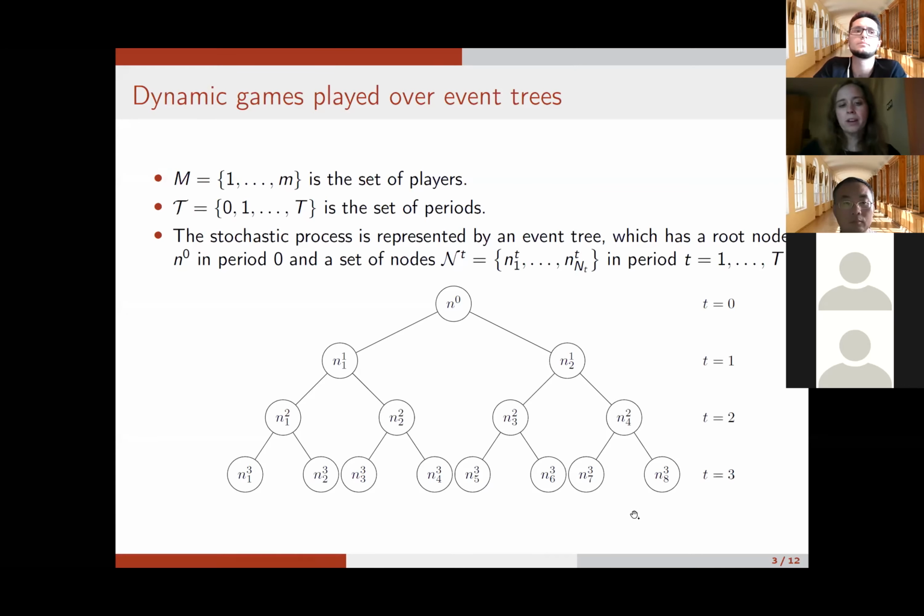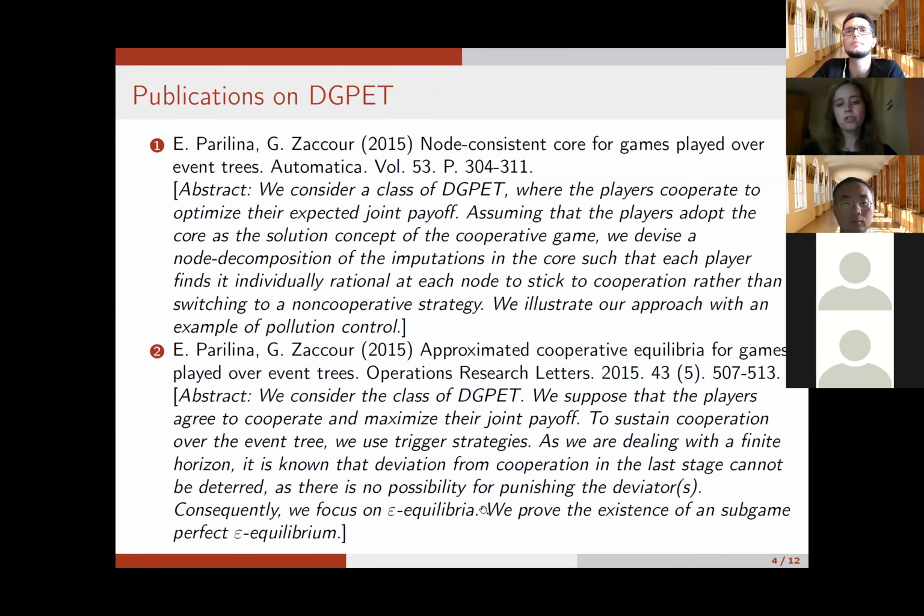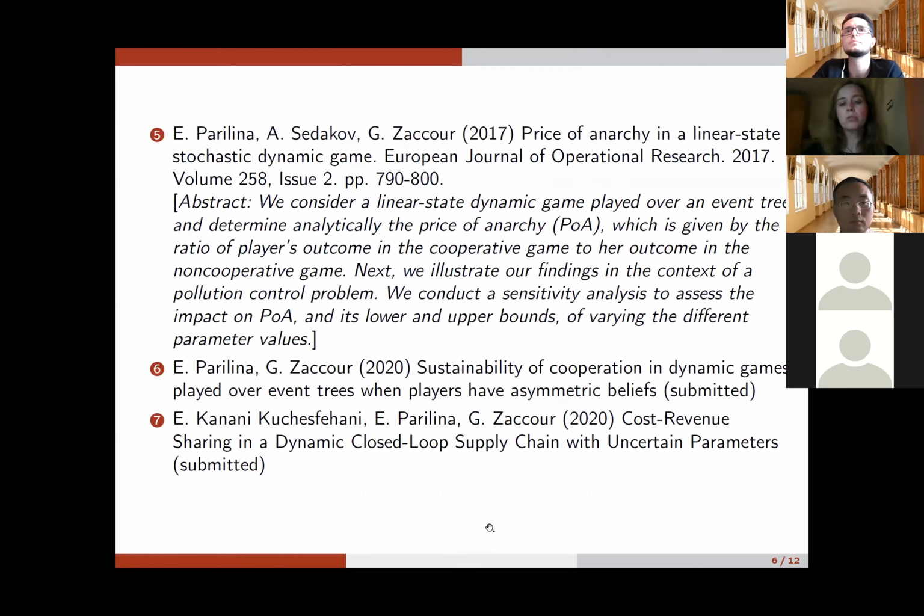And the last paper is devoted to an application. It is written with Ilnaz Kanani and George Zakur, and it is devoted to the application of this theory to supply chain management. And we considered a cost revenue sharing scenario for the closed loop supply chain.